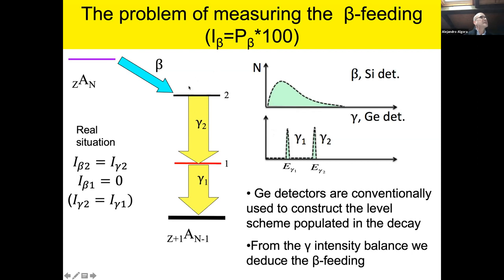From the intensity balance of the gammas populating and de-exciting the levels, you extract the probability of the beta feeding. This means that you need a good germanium array for measuring this, and then you need to construct complex level schemes to be able to determine this feeding.